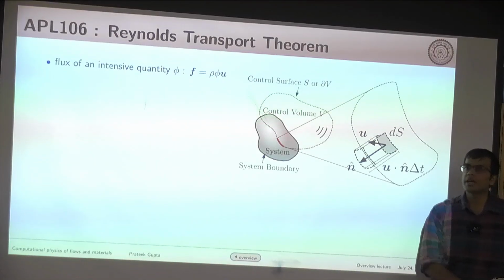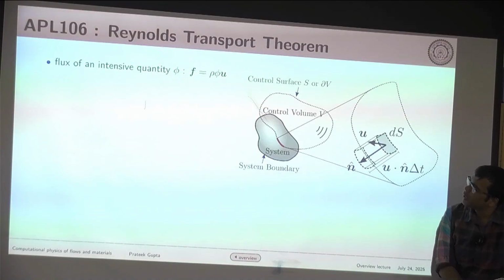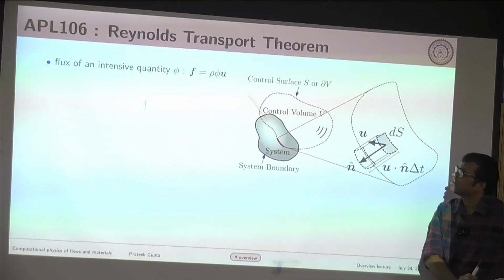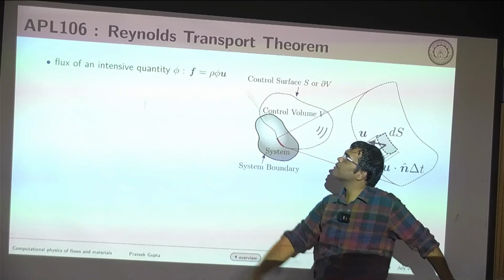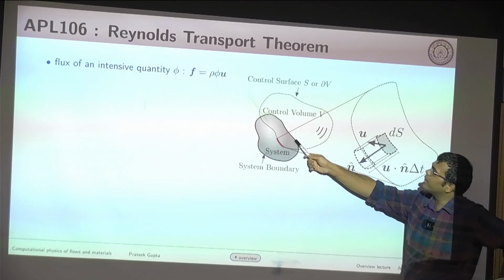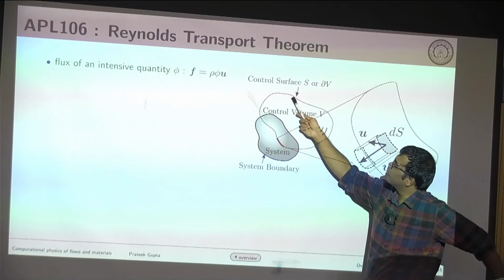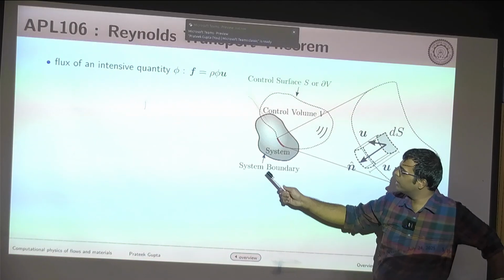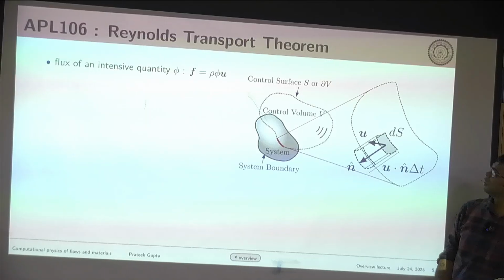Once this was defined, I am hoping you guys went to Reynolds transport theorem, okay, for which you probably defined the flux of an intensive quantity. Flux is defined as the density times the intensive quantity times the velocity, okay, and then you hopefully defined a system and a control volume. You had a control volume's boundary which we call the control surface, okay, and we have the system boundary. Okay.